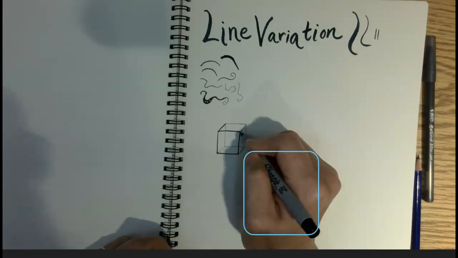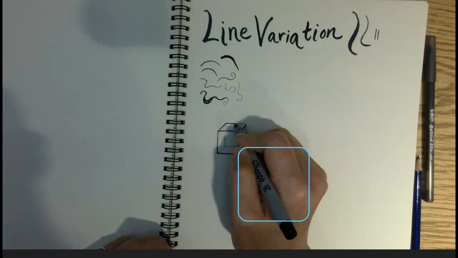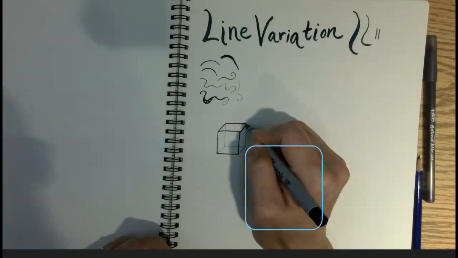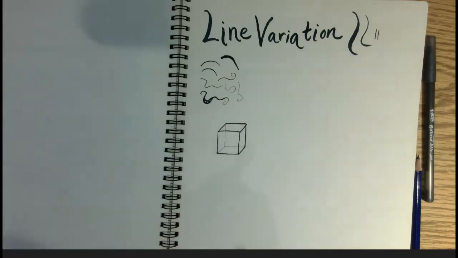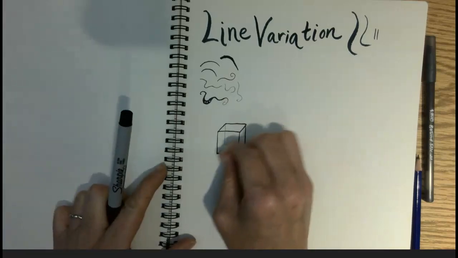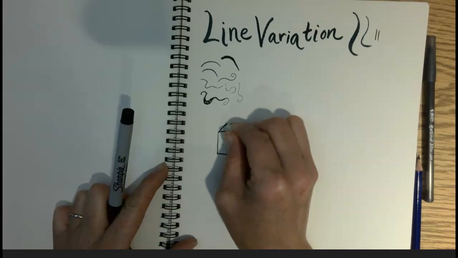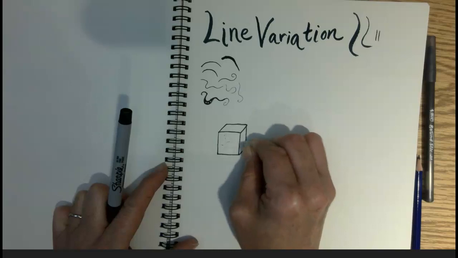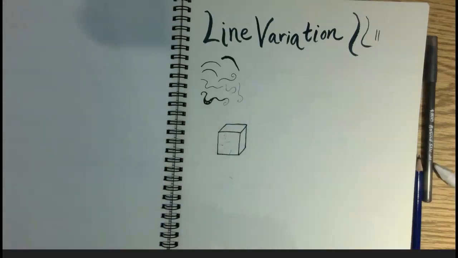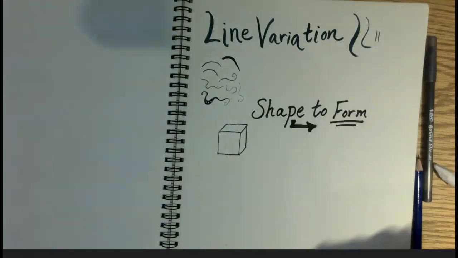And I'm only going to go over the lines that would show if this were made of a material that were opaque. So I could then erase these lines if I want that to become a cube that's wood or cardboard, any other material.